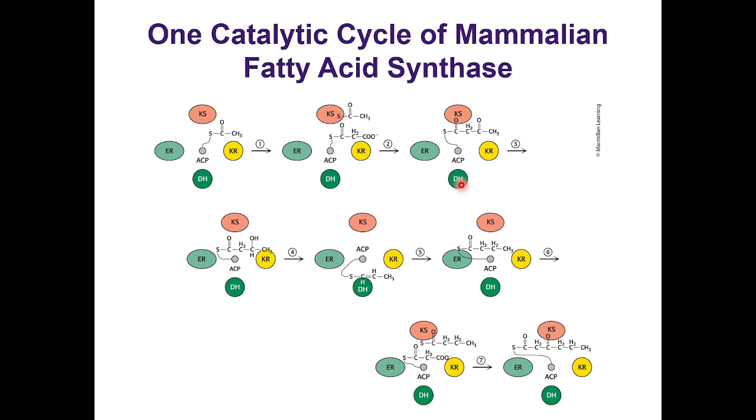So one catalytic cycle for mammalian fatty acid synthesis is going to look something like this. So here we have the ACP, and right here we have our acyl group right there. And so the first thing that's going to happen is we'll have the KS domain, this is going to have this sulfide link onto the new acetyl group right here.